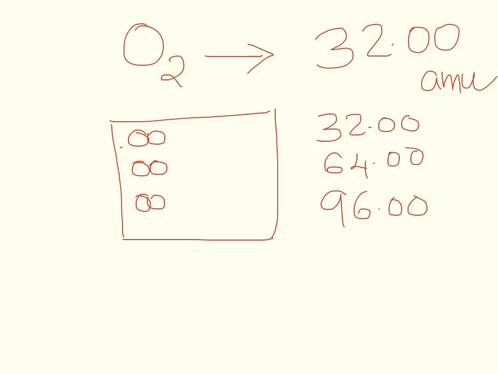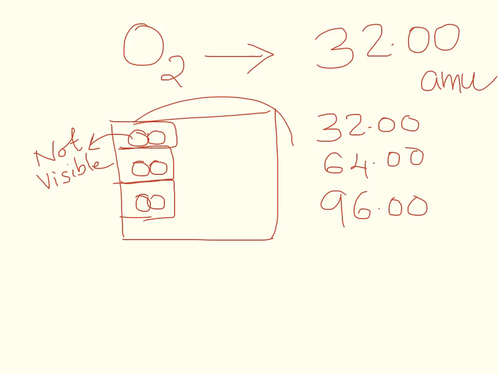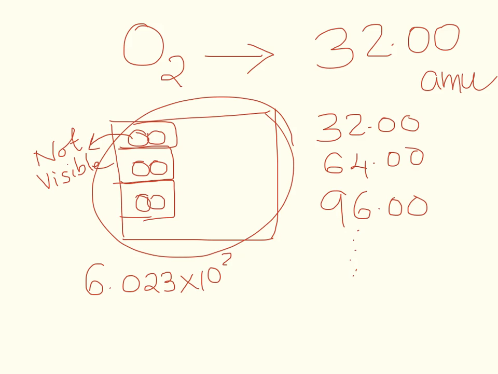So these are little molecules and little atoms. Keep in mind, you cannot see them. Individual molecules are not visible to the naked eye; you see the whole sample. So instead of 1 or 2 or 3, let us suppose that there are 6.023 times 10 raised to 23 oxygen molecules.